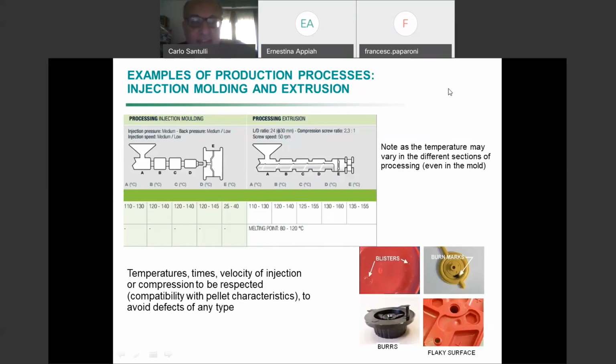The temperature of the different sections of the screw, the no-end screw which you use in the extruder, is used to produce some elongated piece of constant thickness.